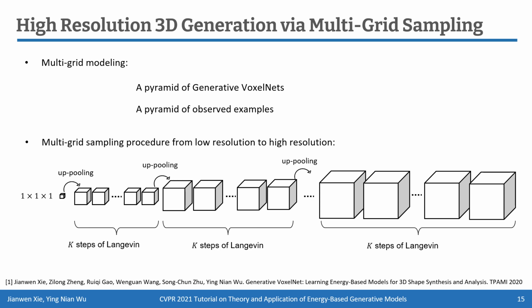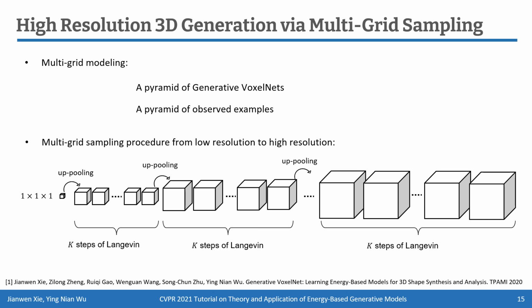We can learn a pyramid of energy-based generative VoxelNet. Each of them accounts for one resolution. Each scale of model is trained against the training example at its corresponding resolution. The pyramid of training examples at different resolutions can be obtained by downsampling the original example.